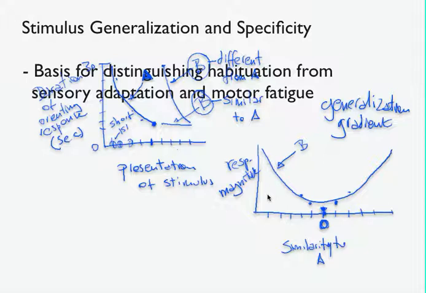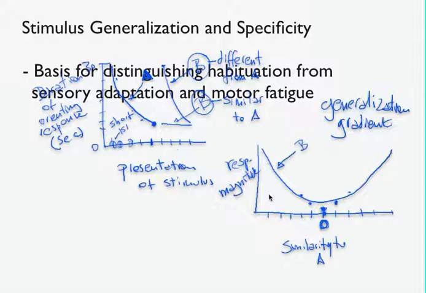One of two things might have happened. Either there was a huge generalization of the training stimulus, or more likely, you went deaf and you are incapable of responding to auditory stimuli.